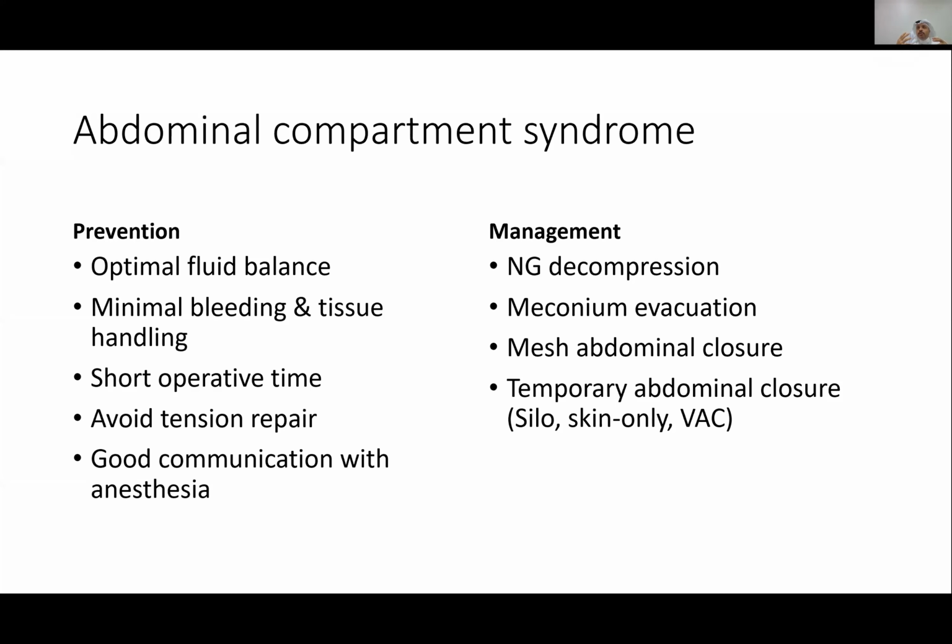Even a big mesh does not prevent abdominal compartment syndrome, but it increases the abdominal space, so it gives you some room. Another temporary closure device is a silo, so you put a silo on and wait for the baby to improve and then close after. Or you close the skin only, so you give the baby a ventral hernia and you close, or you put a vac after you put either Surgisys or biologic mesh.